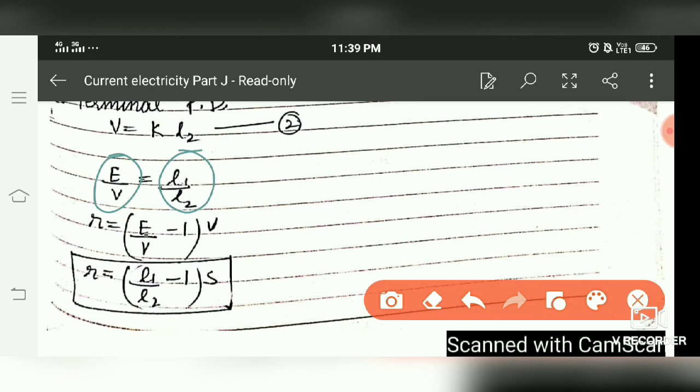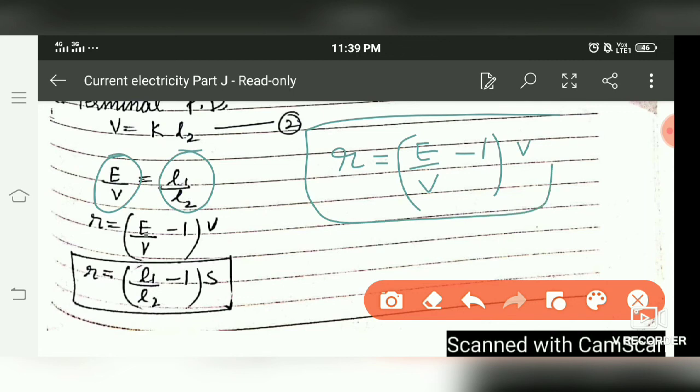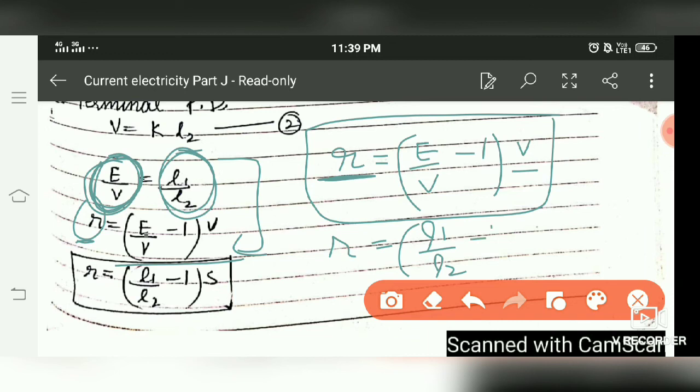As we know, the internal resistance of a cell is r equals (E by V minus 1) into R. This was the formula or relation between r and V. So by substituting the value of E by V, which equals L1 by L2, we get r equals (L1 by L2 minus 1) into R, where R is the resistance applied here.